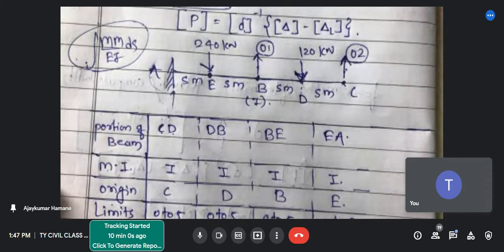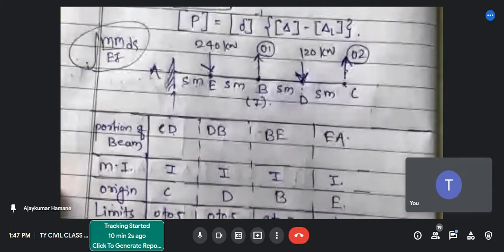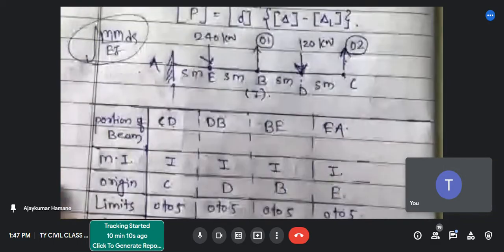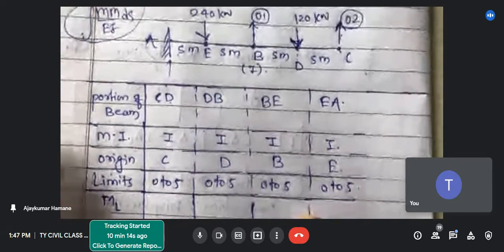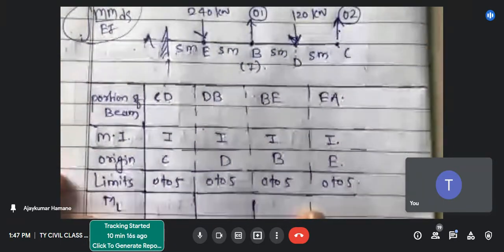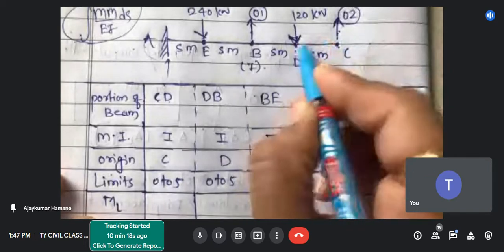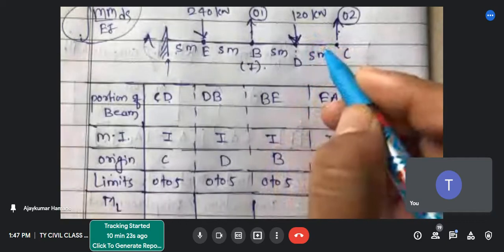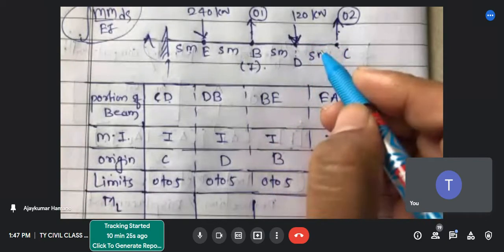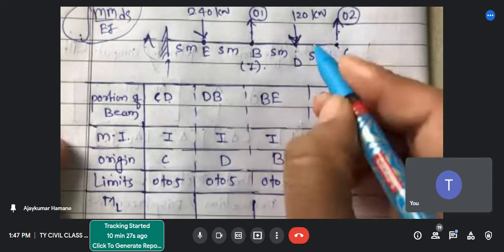Now next one is moments due to the load. Okay, remember now, see carefully here, moment due to the load. Now along the CD, correct?